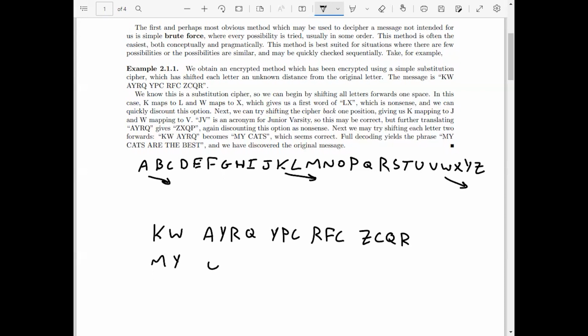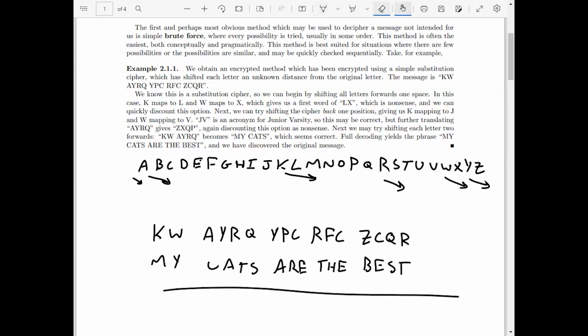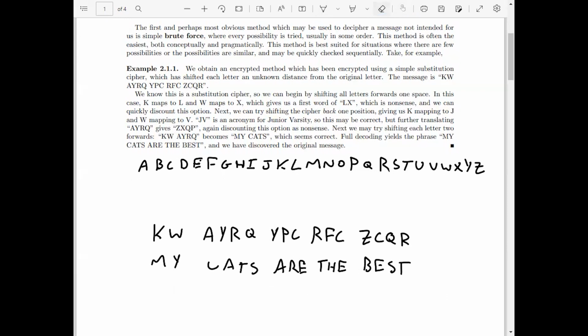A goes to C, Y shifts around and goes to A, R goes to T, and we can find the full message quite easily using that. And we find the original message: my cats are the best. That's not really surprising, given that that's just true. We didn't really learn anything from that, but we did find the correct substitution cipher.